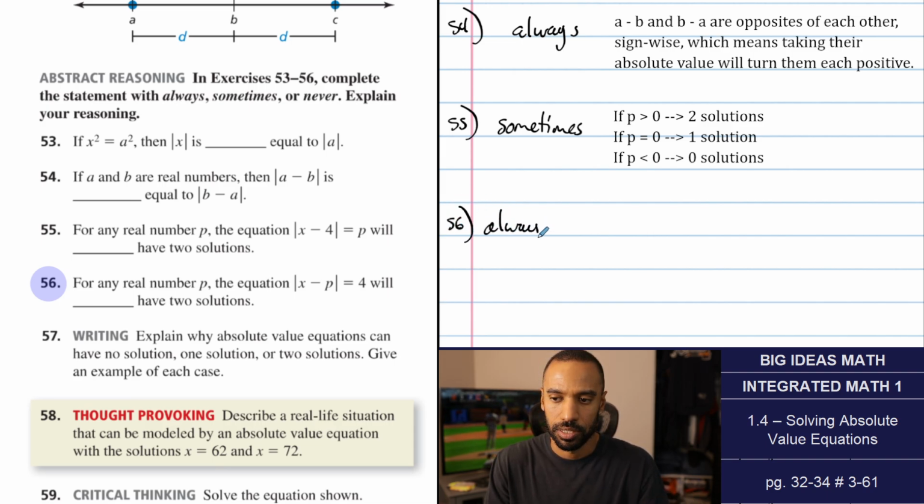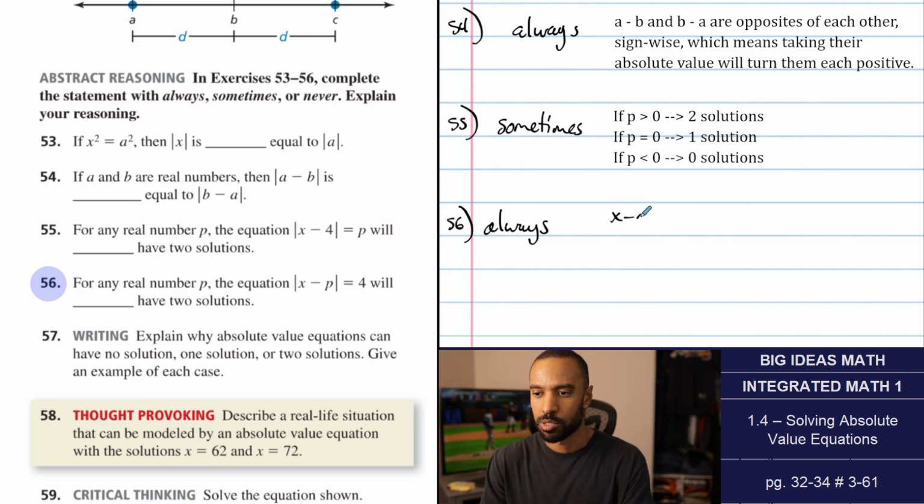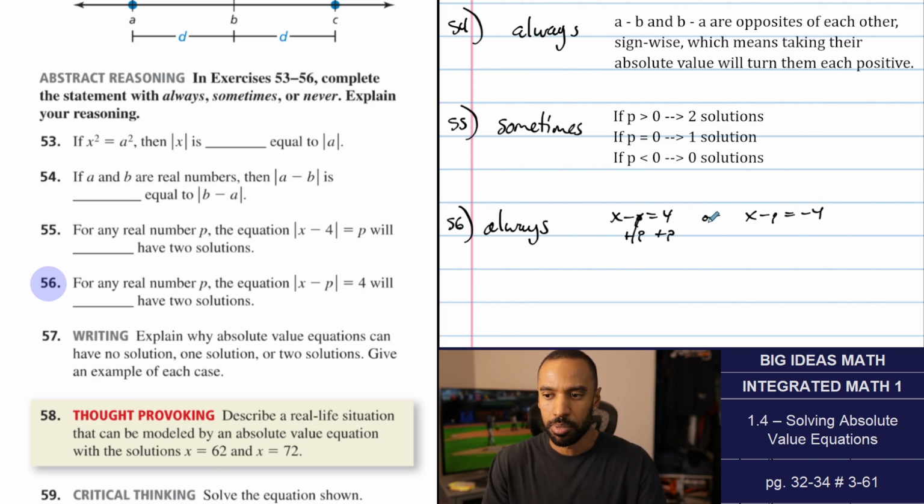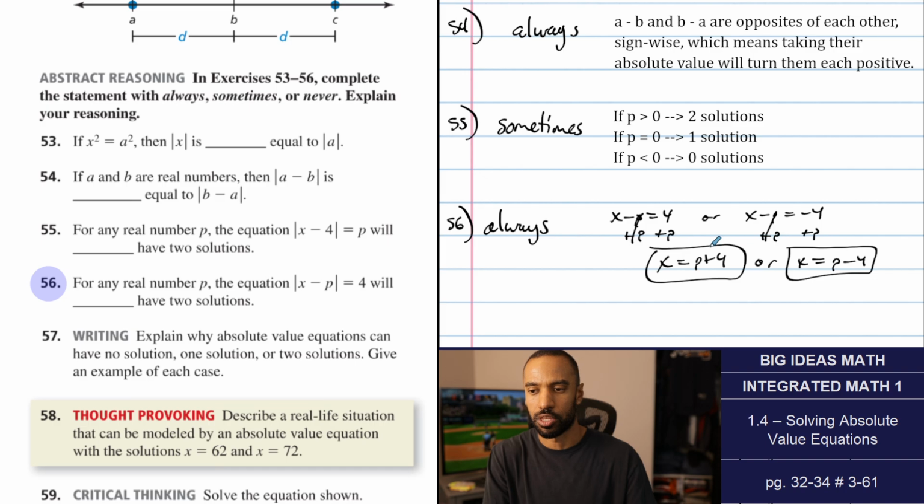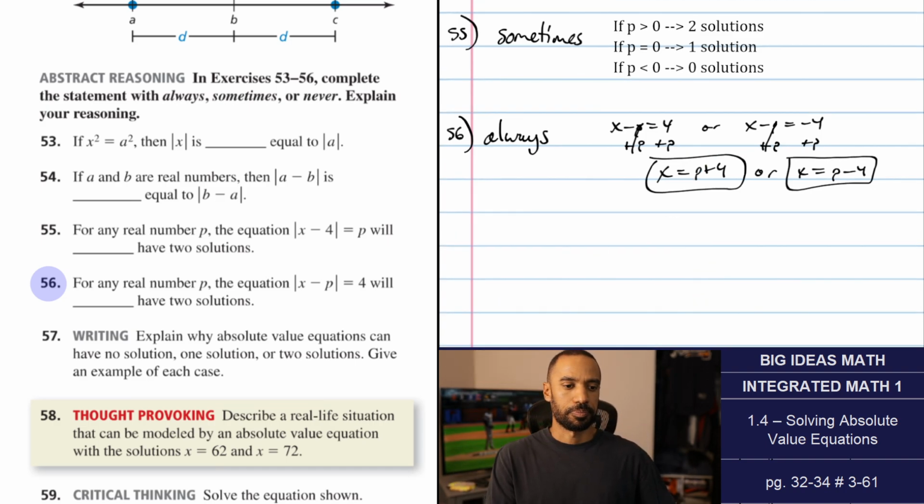That's an always case. x minus p will either equal 4 or negative 4. No matter what p is, you add it over to this side, p plus 4 and p minus 4, right? x equals p plus 4 or x equals p minus 4. Whatever it is, plug it in. It's going to work. You just get those two answers. So that's how I'm going to work that one out.